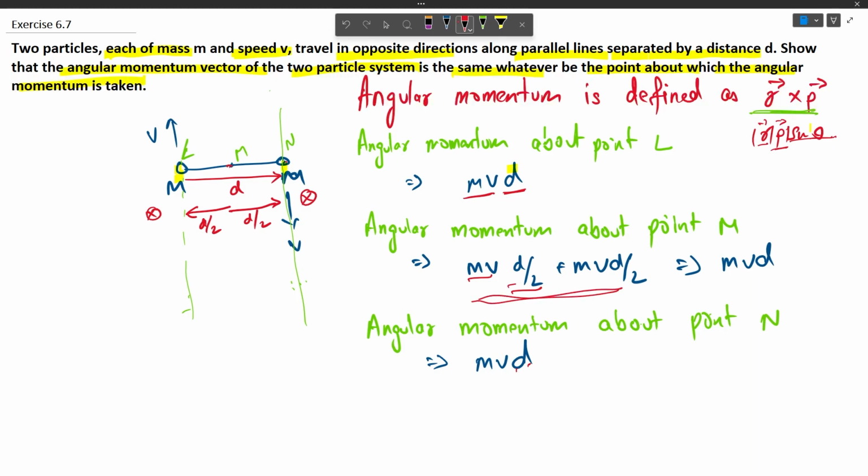As these two angular momenta have the same direction, we can simply add them. So it is going to be mvd, exactly the same as we calculated in the previous case.